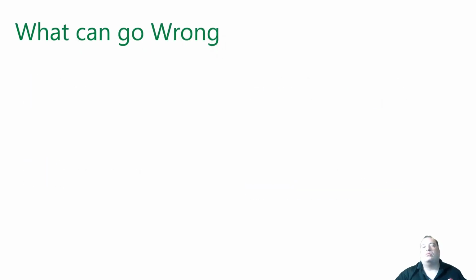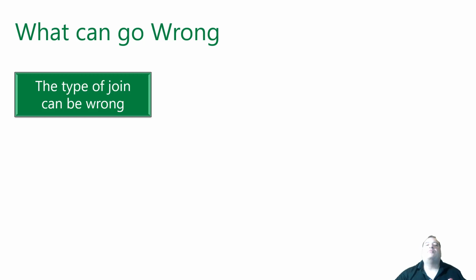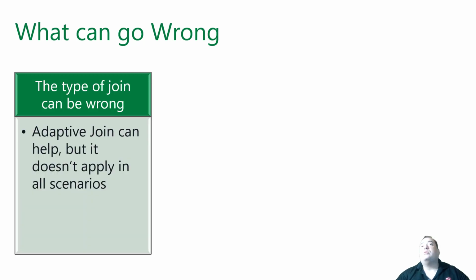What can go wrong? The type of join can go wrong. We have multiple types of joins which appear in the query plan, nested loops and hash joins, for example. Microsoft tried to work around this problem and created a feature called adaptive join.